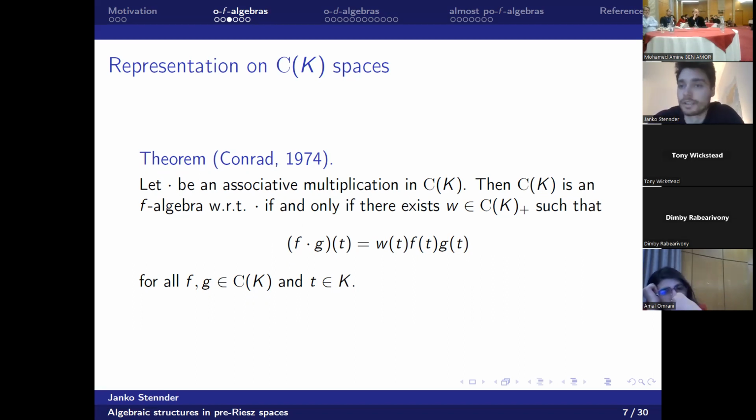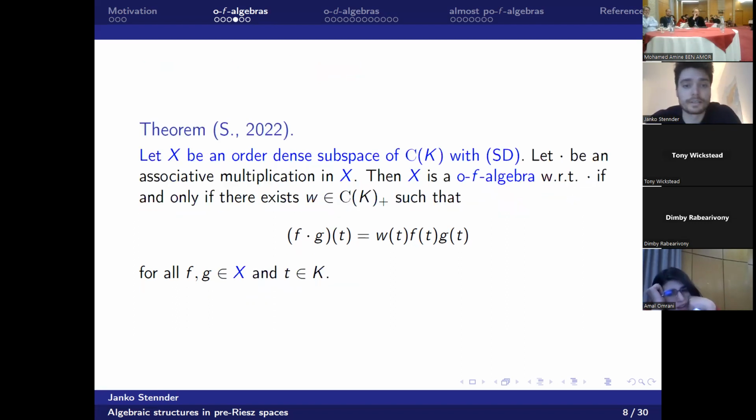So this is already long known, and I could generalize this result by replacing the C of k by any order dense subspace of C of k with this property SD. So the order denseness here again means the one Anke and Onno explained to you.